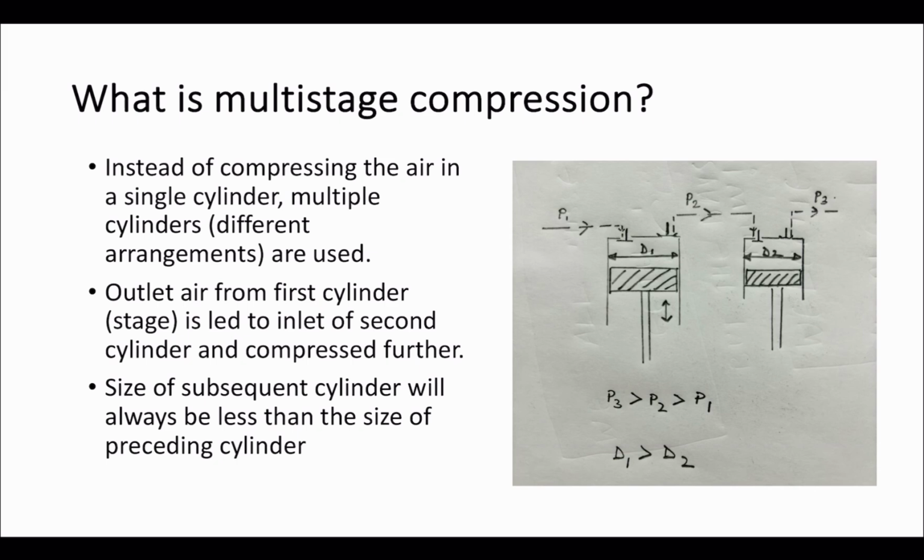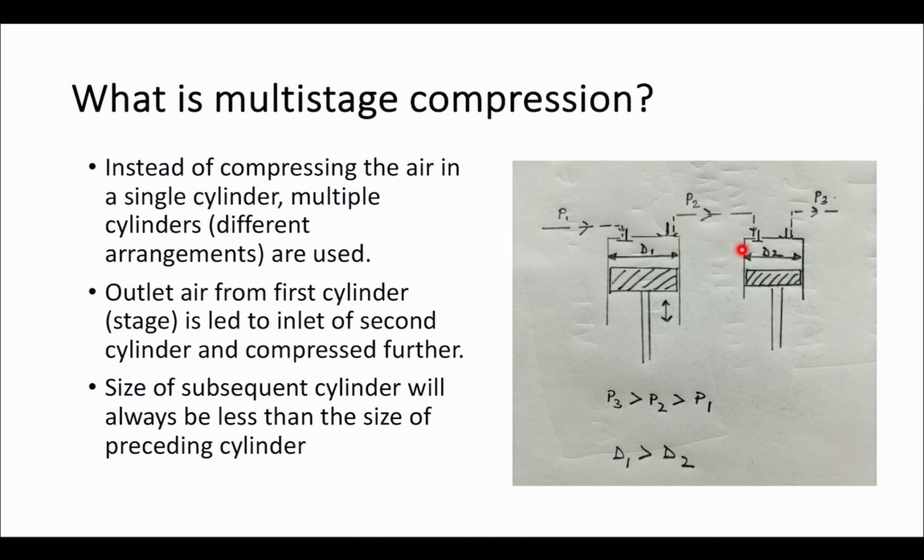Now as we know, density is inversely proportional to volume, so the more we compress the air, the volume would decrease but density would increase. So if the volume that we are handling is decreasing, let us say the volume at the stage over here in the first cylinder will become V1.